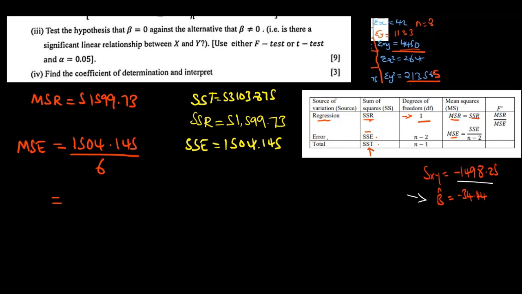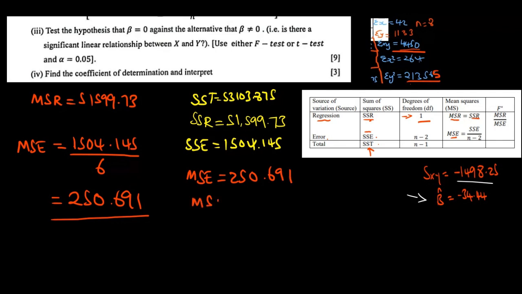I'm going to get 250.691. I've rounded this to three decimal places. So that would be my MSE.